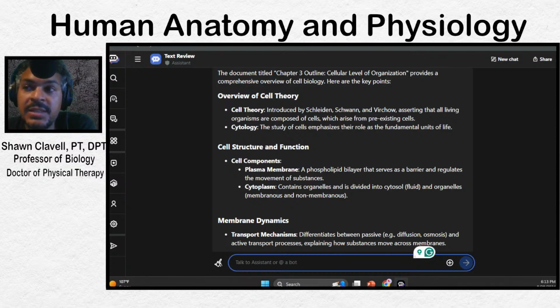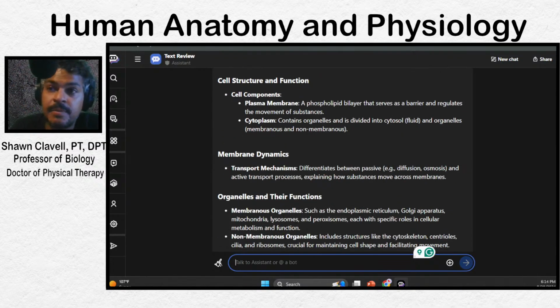Those are the membranous structures, which are much more numerous. The cytoskeletal structures are non-membranous. All of the traditional organelles, like lysosomes and mitochondria, are membranous. The structures like the proteins that give shape to the cells are non-membranous.